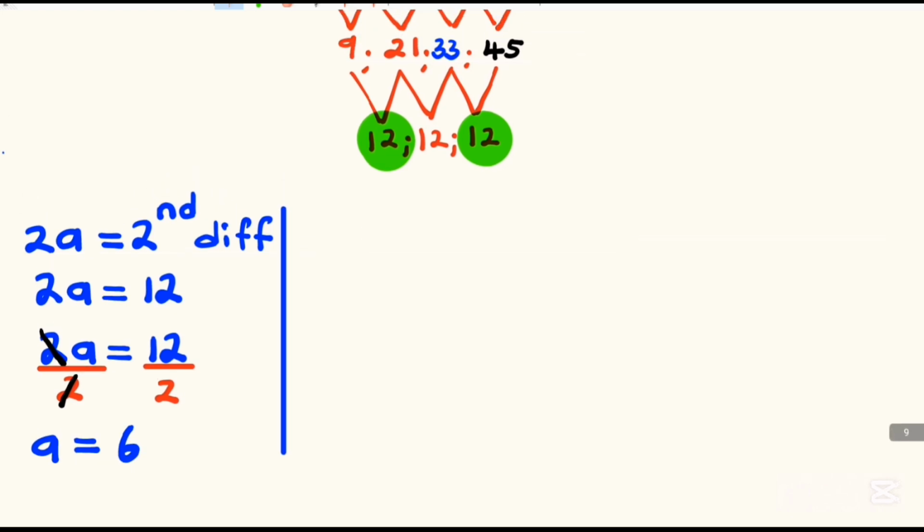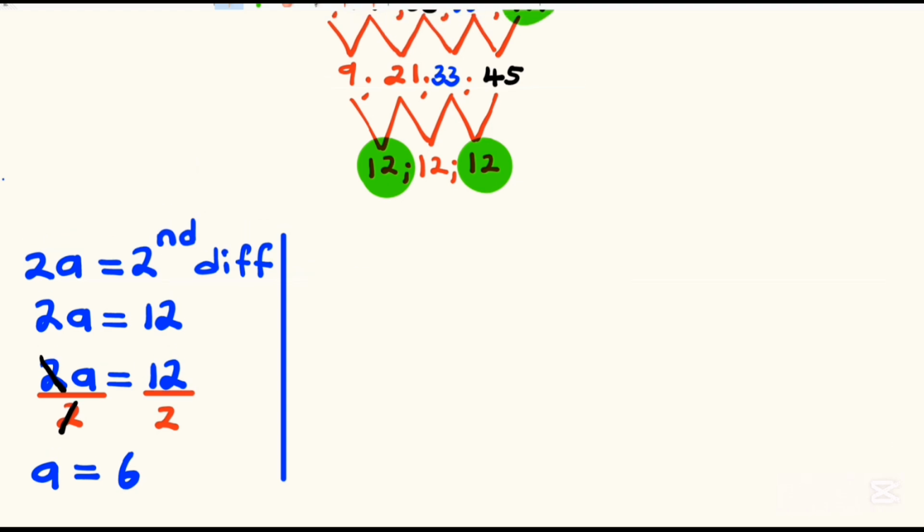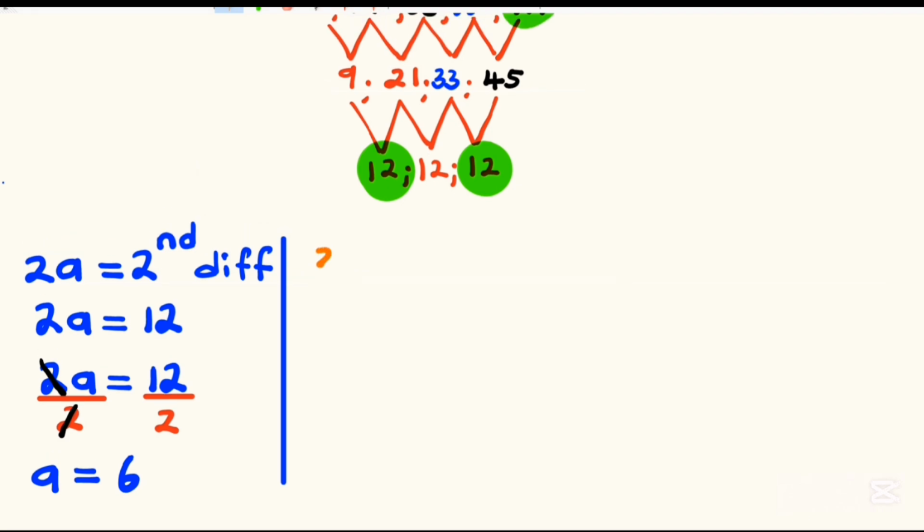And for a quadratic number pattern, we know that 3a plus b is equal to the first term of the first difference.